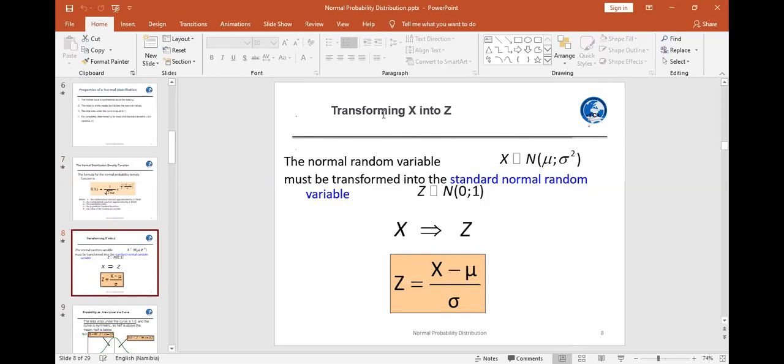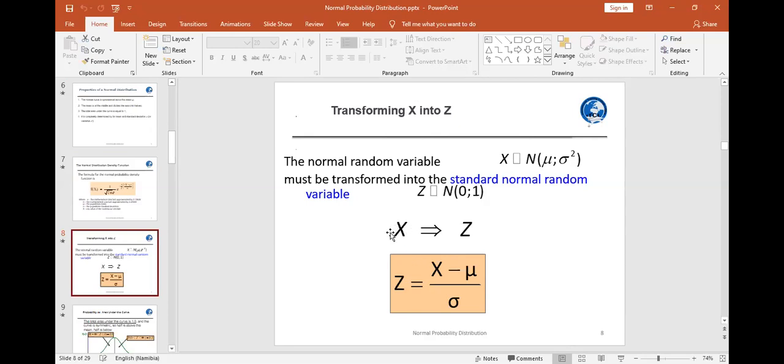Now, the formula that we are going to use is what we call the Z distribution, where we transform the random variable X into the standardized normal random variable by using this Z transformation formula. Remember, if you get the marks of a student, say 60, or if you ask what is the probability that the student will score above 60, that 60 is now the X, a random variable.